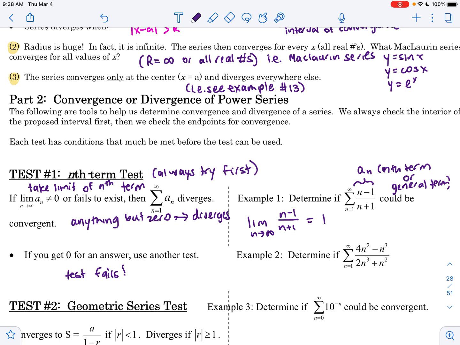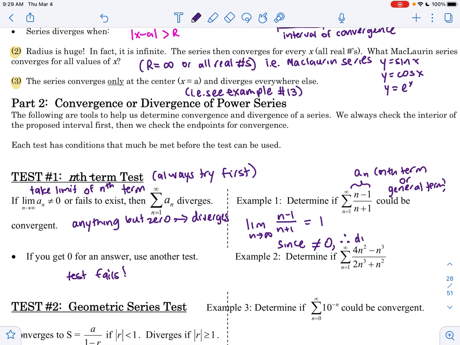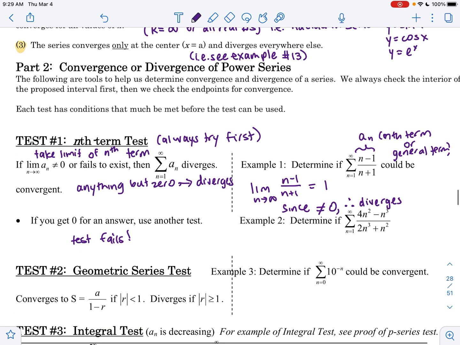So I like to think of it as if I'm adding terms to a series that's not approaching 0 or not really close to 0, then what happens to the series is the partial sums are just going to start getting larger and larger, so therefore the series diverges. So our conclusion is, since it does not equal 0, your conclusion is it diverges, and that is a notation simply for therefore it diverges.